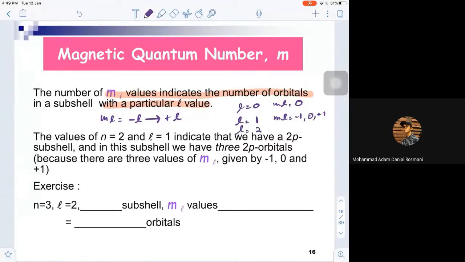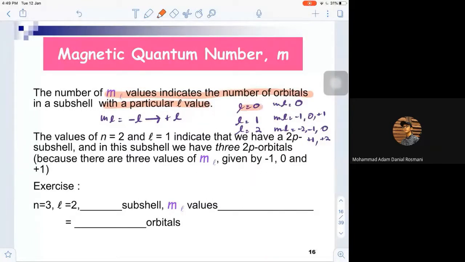If L is equal to 2, the ML will be negative 2, negative 1, 0, plus 1, plus 2. This is how we determine the ML value.